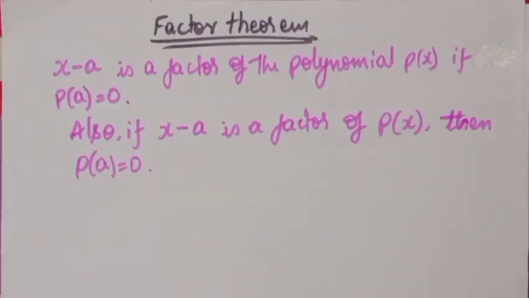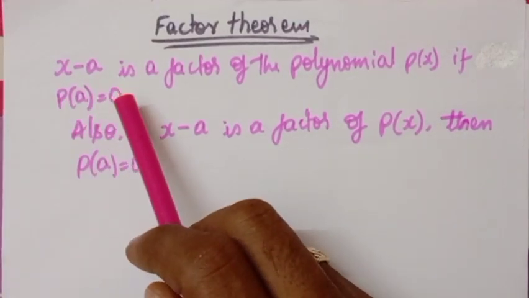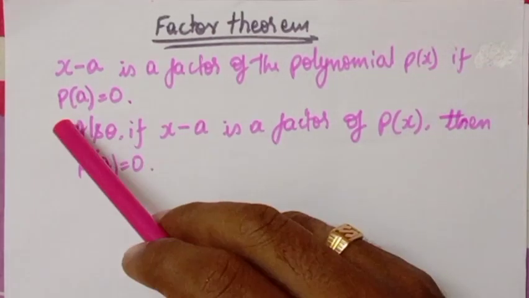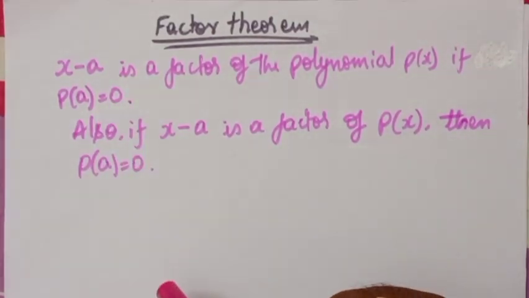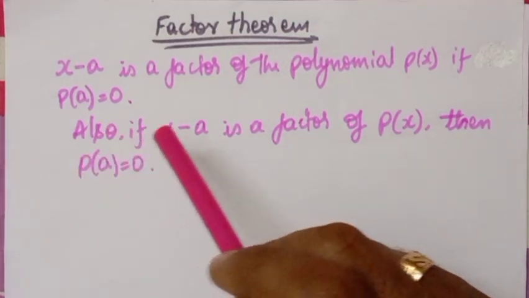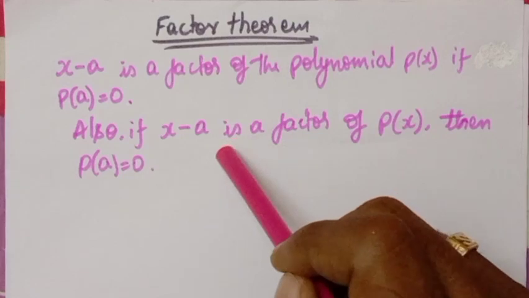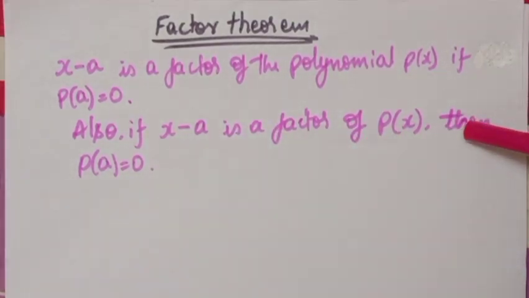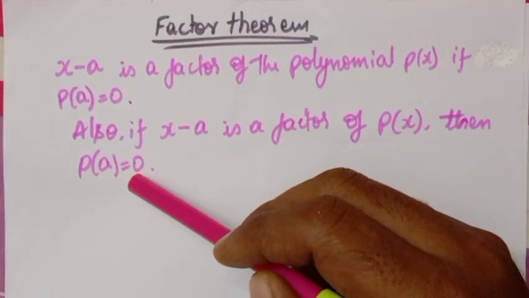Factor theorem. x minus a is a factor of polynomial p of x if p of a is equal to 0. Also, if x minus a is a factor of p of x, then p of a is equal to 0.